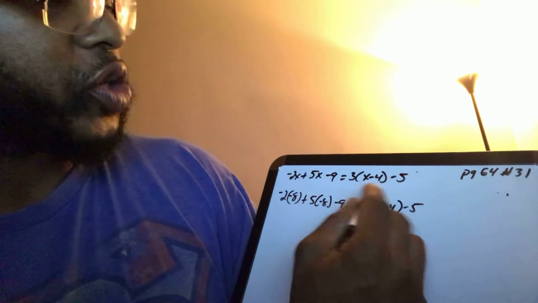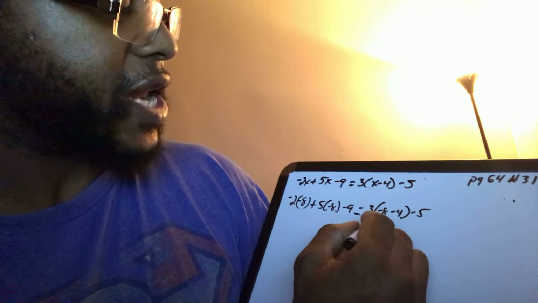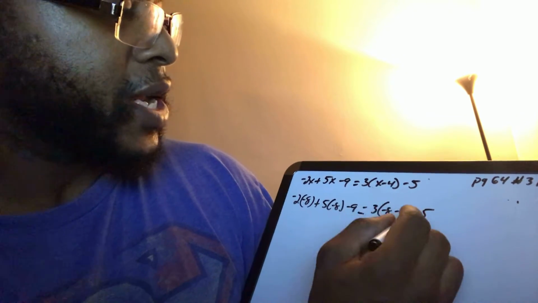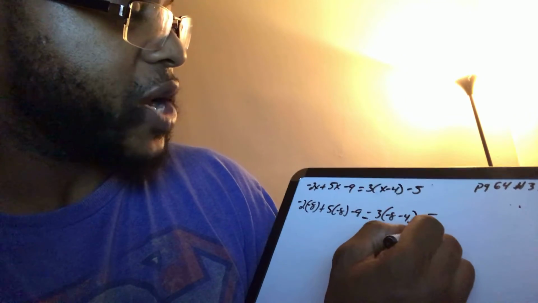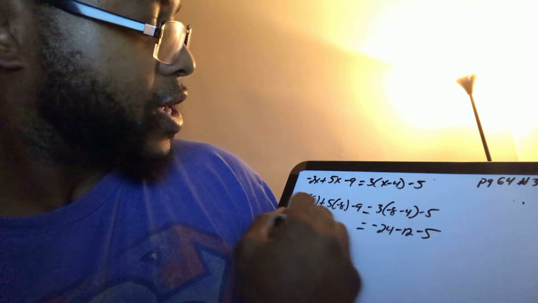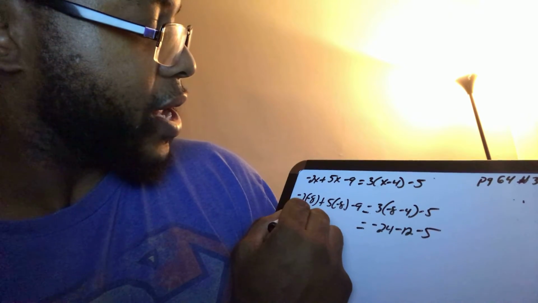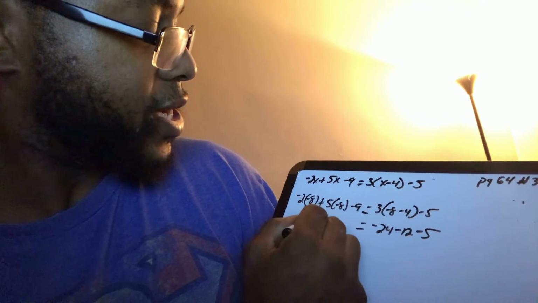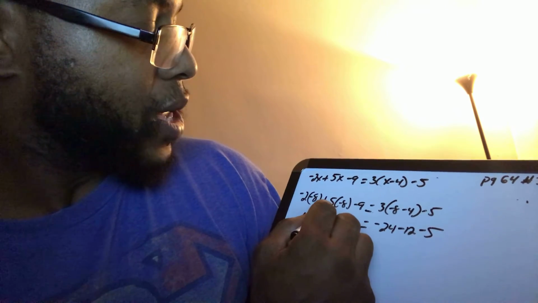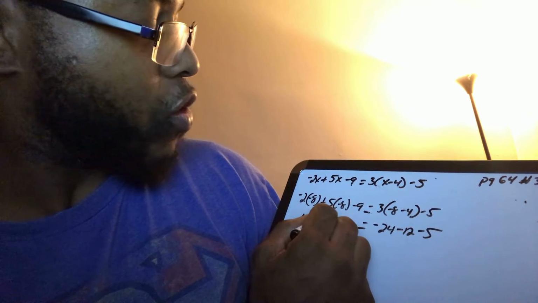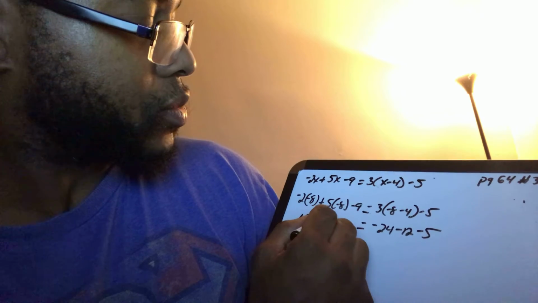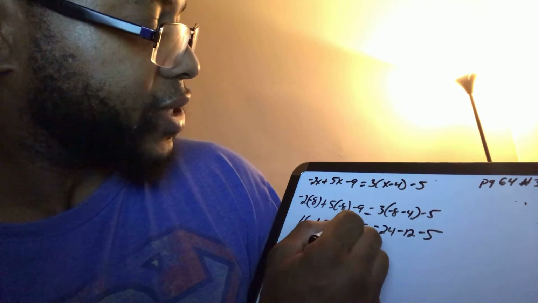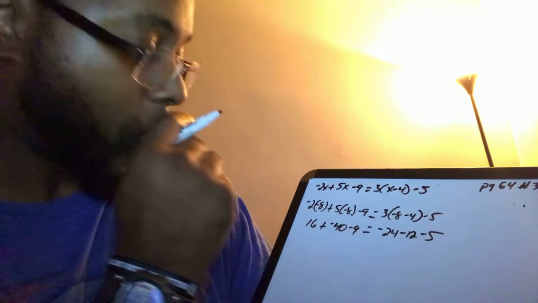We're going to start off with the distributive property here. That's going to give us a -24. That's going to give us a -12 with a -5. On this side here, we're going to get a positive 16 plus a negative 40 minus 9.